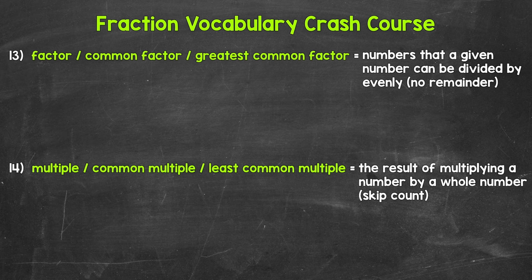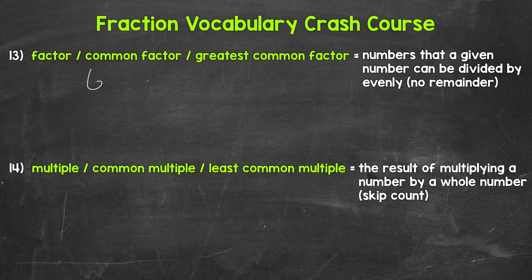Let's move on. Now let's take a look at factor, common factor, and greatest common factor. We'll start with just factor. Now, factors are numbers that a given number can be divided by evenly, so no remainder. We can also think of factors as all of the numbers that go into a number evenly.